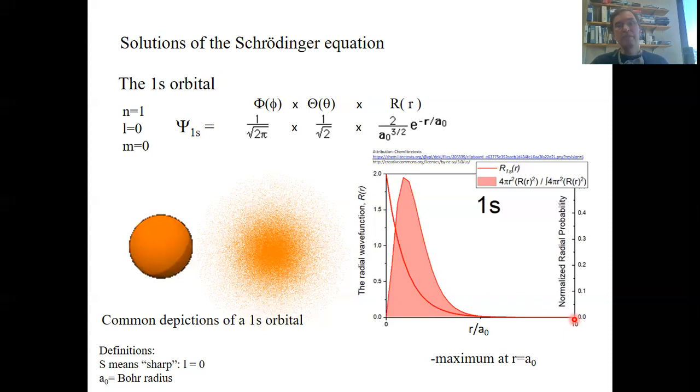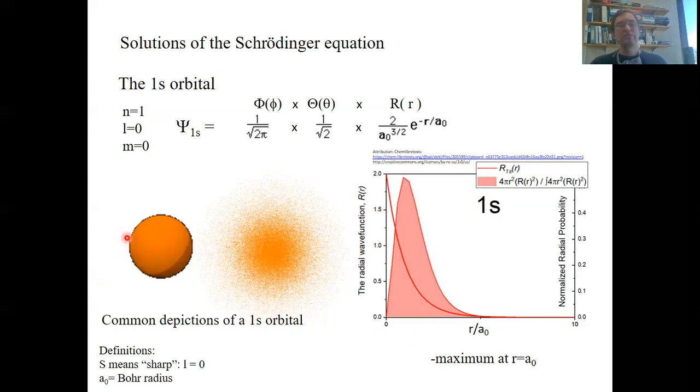So given that, how do you define the size of an orbital? The accepted definition is to define the size of an orbital as the volume in which the probability to find the electron is 90%.